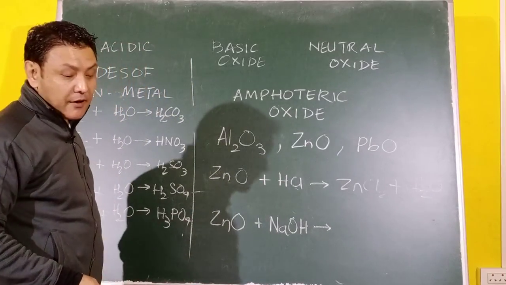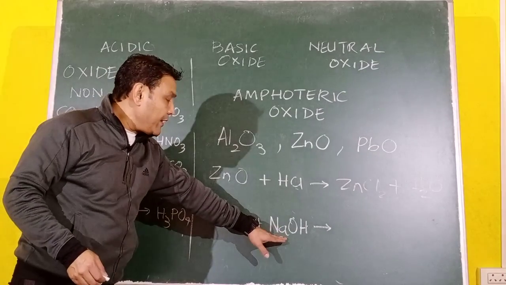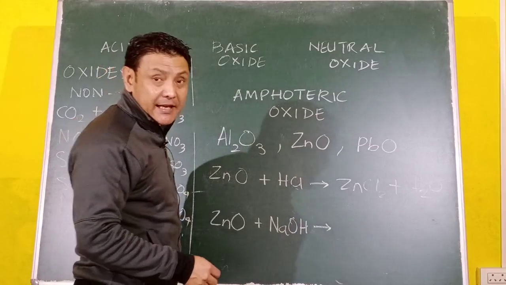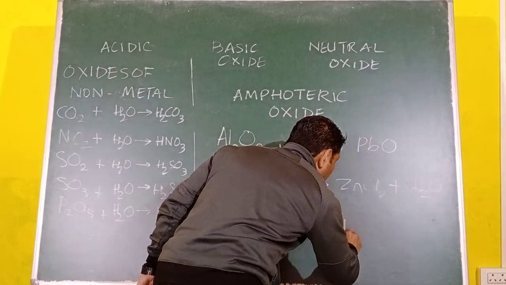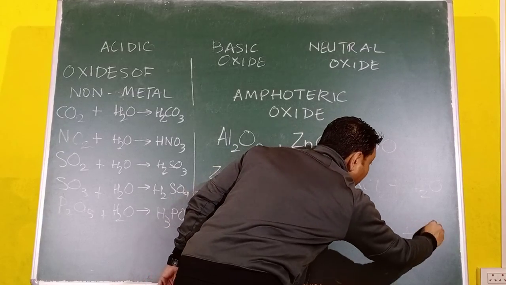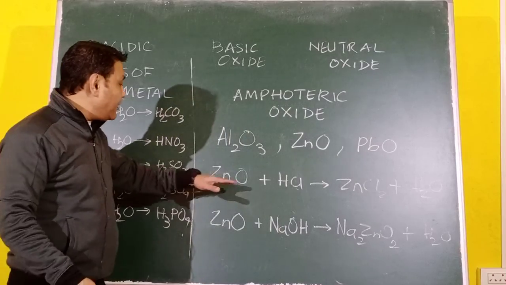Over here, when zinc oxide reacts with a base, sodium hydroxide, it will produce a salt called sodium zincate, Na2ZnO2, plus water.